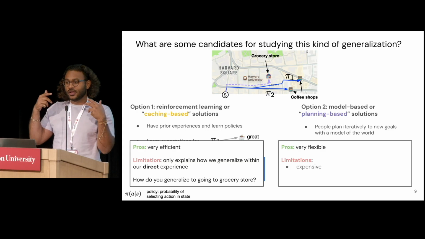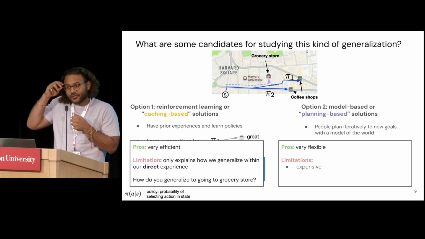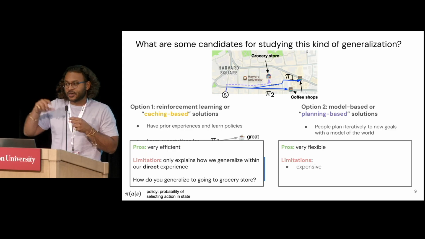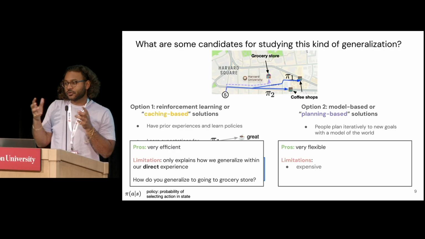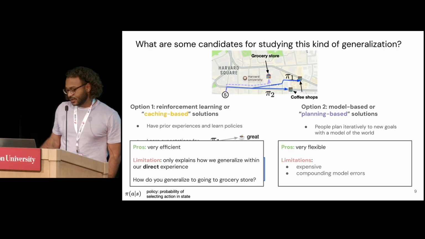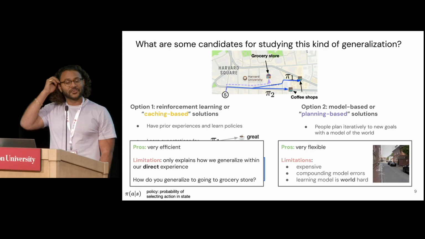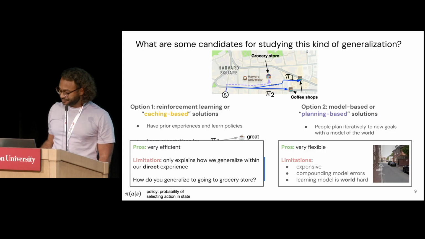Imagine, I'm new here to Pittsburgh, so it takes time to think about going from here to my hotel, et cetera. It's an iterative process that grows in how much computation is needed based on the length of the plan. Then you have errors from my model of the world. And finally, learning a model of the world is also very hard.